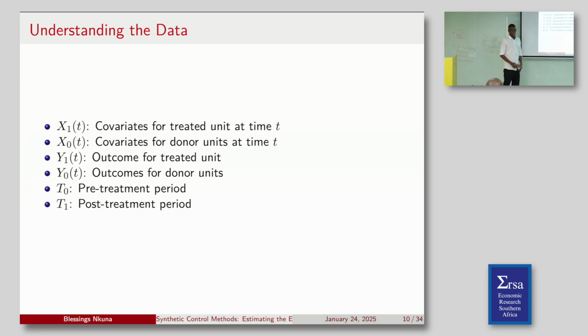X0 would be the covariates of the not treated countries or states, in this case the donor units. Y1 would be the outcome of the treated unit, what you're looking at, in this case cigarette sales, and this one would be the outcome of the donor units, Y0. And then you have a pre-treatment period, T0, and a post-treatment period, T1.